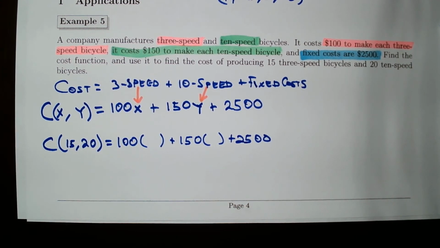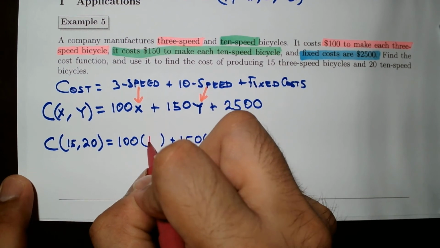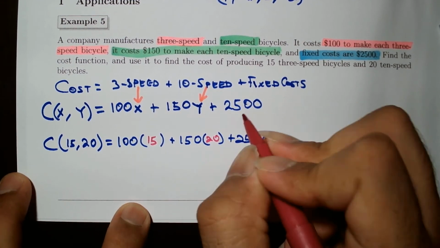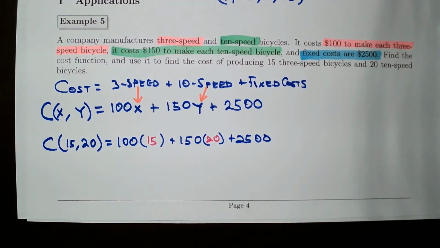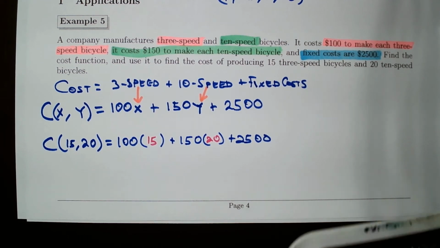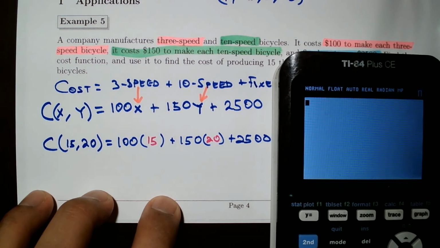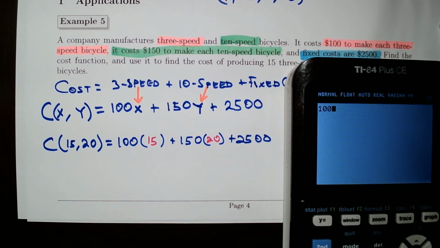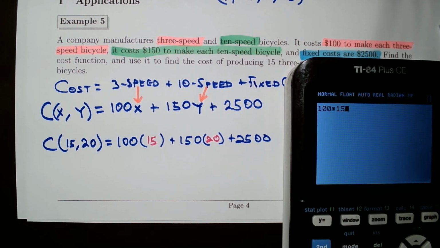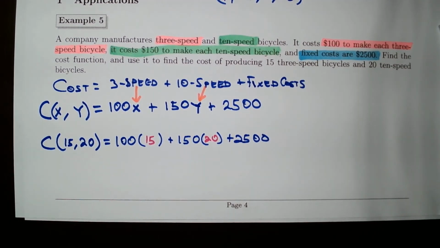Alright, so in this case, let's plug in the numbers, only 15 and 20. And let's just use a graphing calculator to simplify this operation. So let me type 100 times 15 plus 150 times 20 plus 2500, and we get 7,000.